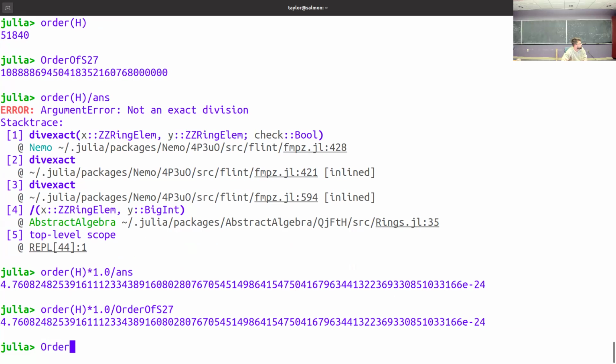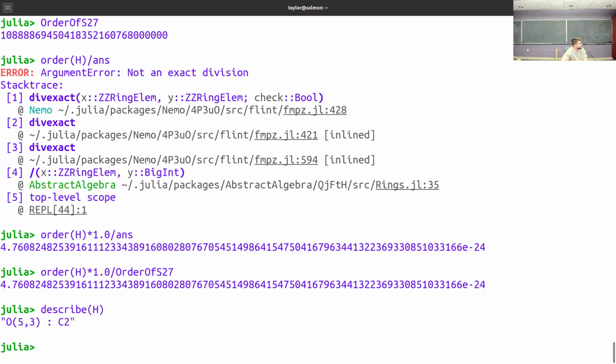Okay, and we can even ask GAP to describe it. Great, so that is a semi-direct product of the orthogonal group of either 3x3 over F5 or 5x5 over F3, semi-direct with the cyclic group of order 2.